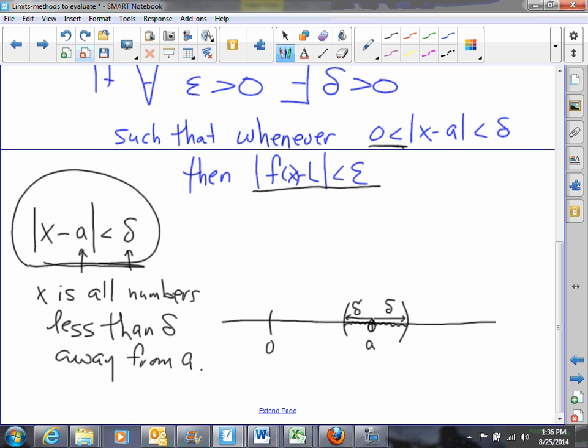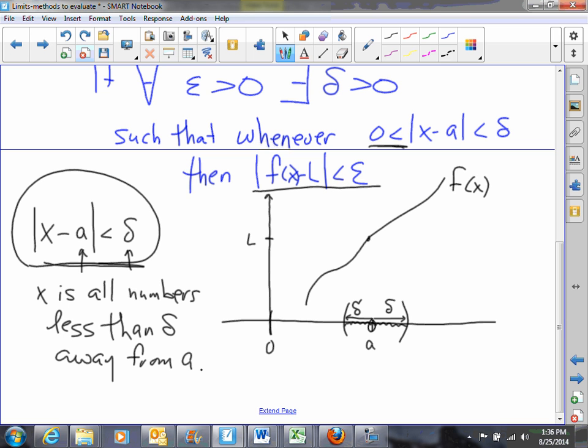Now, let's just draw a y-axis right here, and let's make this the L right there. And let's imagine we have some function f like this. We'll call that f of x.